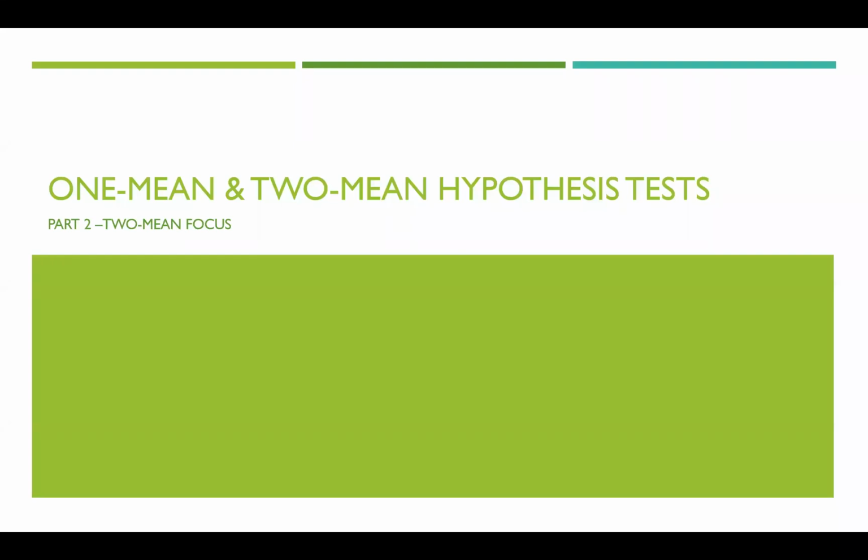A non-parametric test looks at the relationship between the medians, and we do not have to assume or know that we have a normal distribution or equal variances or equal standard deviations. So we're going to look at both: parametric and then non-parametric.